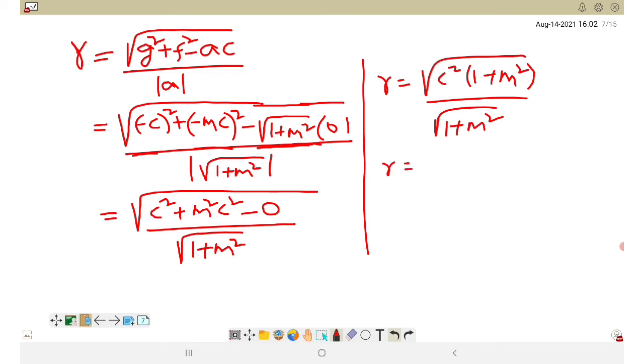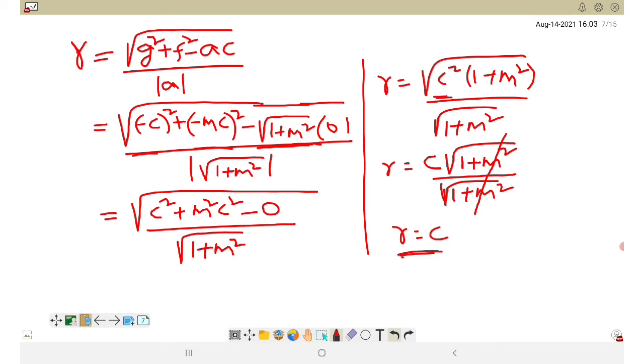R is equal to square root of c square into square root of 1 plus m square by square root of 1 plus m square. So square root of 1 plus m square cancels. R is equal to c. So the radius of the given circle is c.